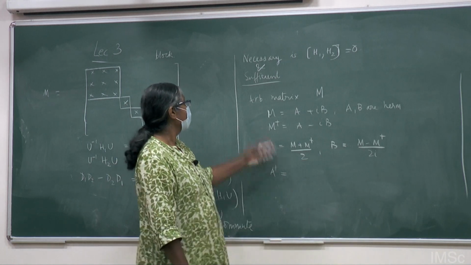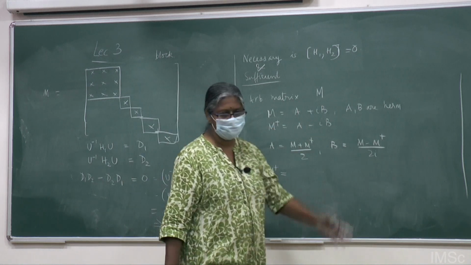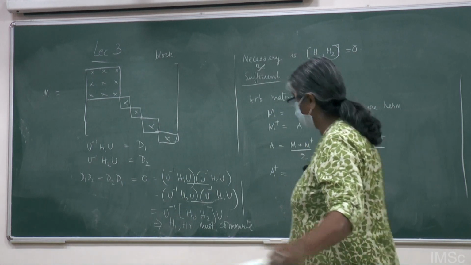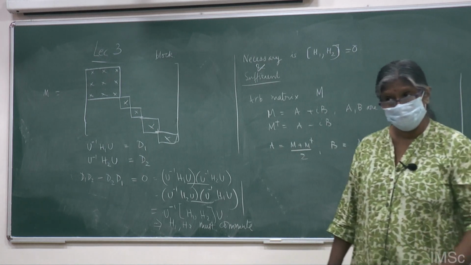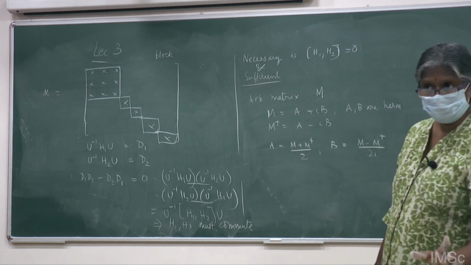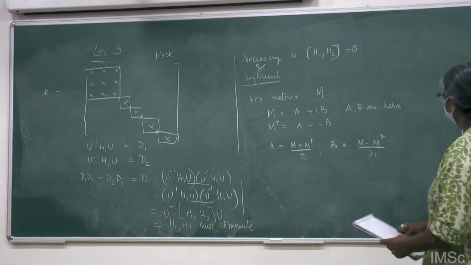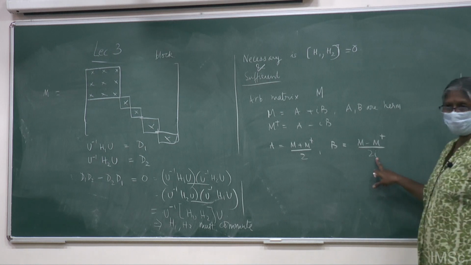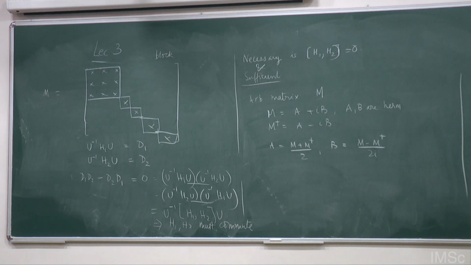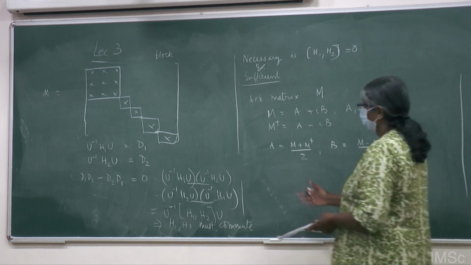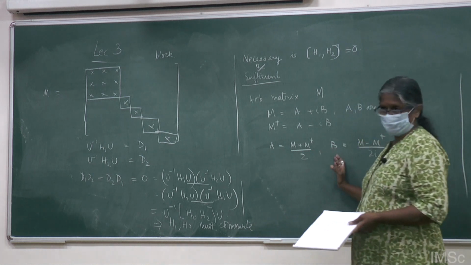That means I can write any arbitrary matrix in terms of two Hermitian matrices, right? Shouldn't B dagger be M dagger minus M? Yes, but the i will become minus i. That is why that i is important. Okay? Fine?